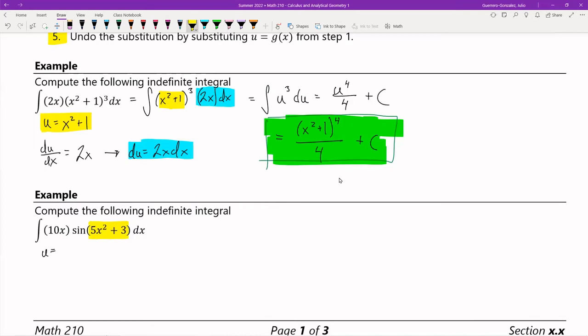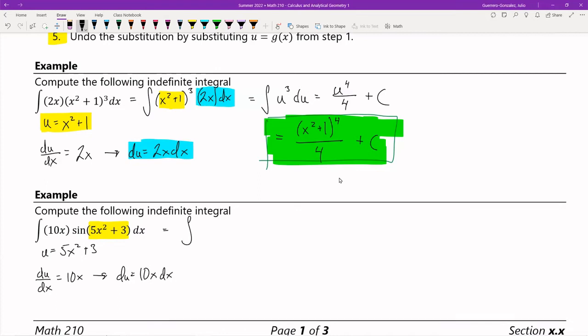The derivative of 5x squared plus 3 is 10x. So I'm going to let u equal that. So then du over dx is going to equal 10x, which means du is 10x dx, right?